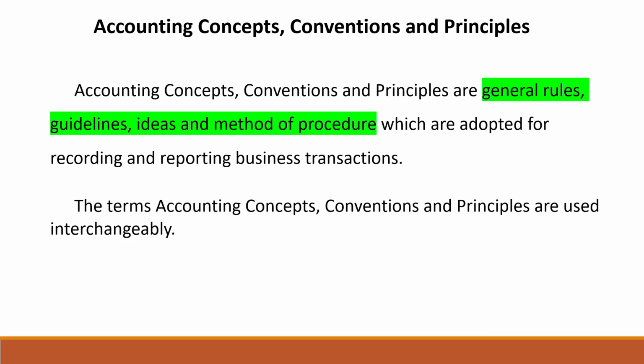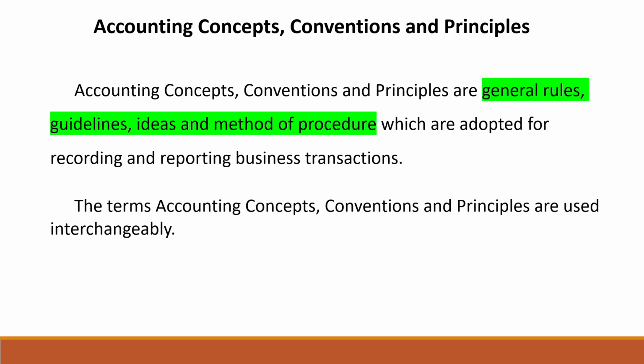So basically, the accounting concepts, conventions, and principles are general rules or guidelines for the preparation and presentation of financial records. Right. So these accounting principles and conventions or concepts are very important because the financial statements prepared by various organizations give information about the profitability and financial position to the investors, creditors, government agencies and other interested parties as well.